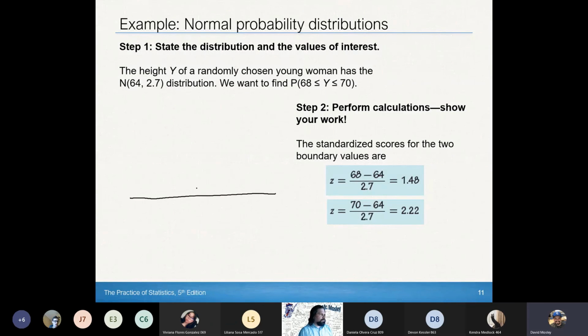We have a give or take normal curve. Our mean will be in the middle. We have 1, 2, 3 standard deviations to the right, and 1, 2, 3 to the left.